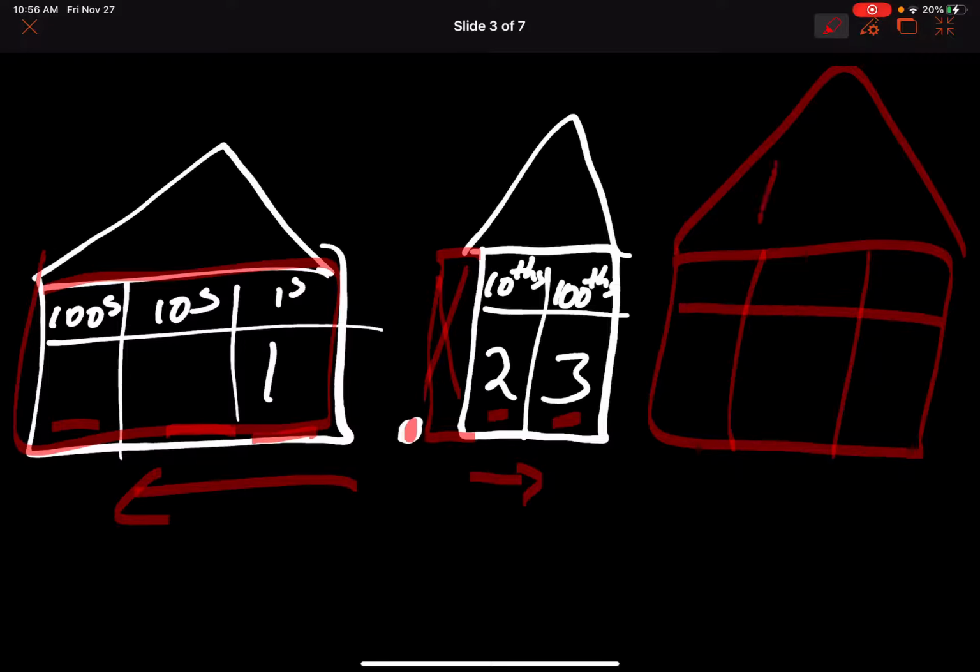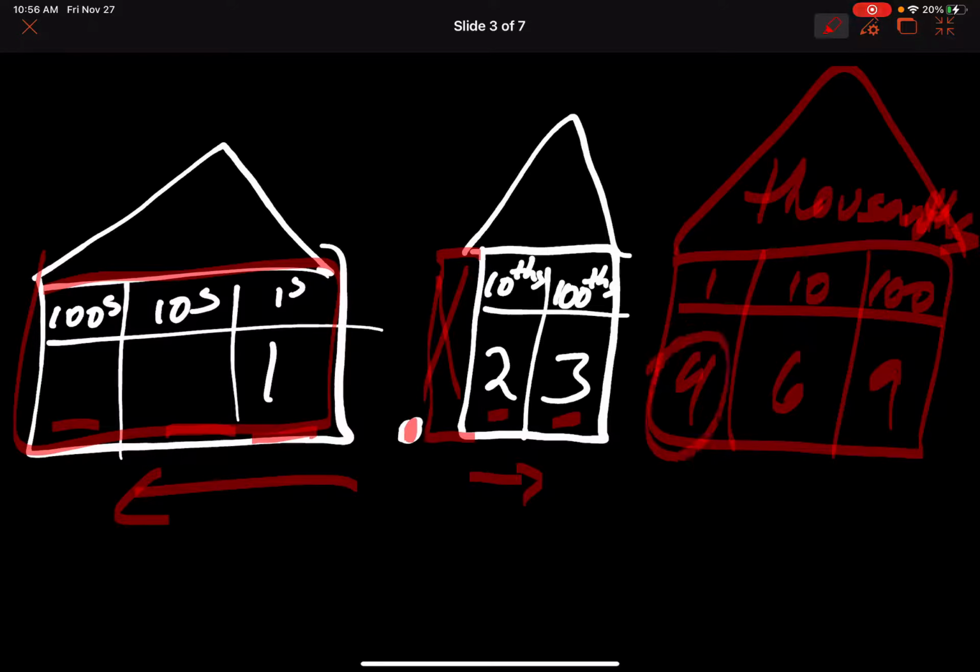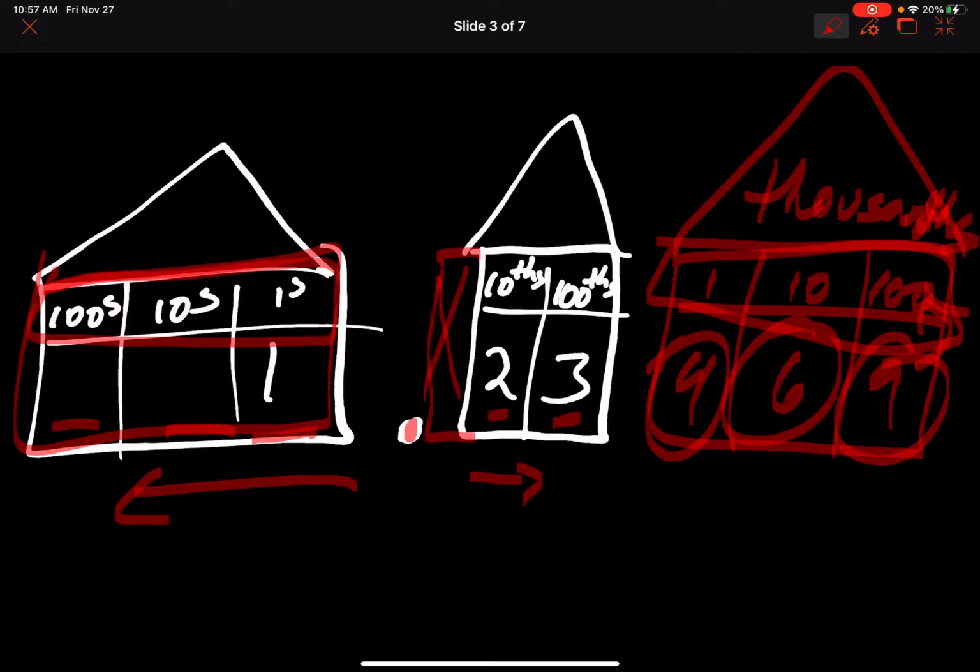So this would be the thousandths house, so this would be 1, 10, and 100 thousandths. Meaning if I had numbers here, the 4 would be in the 1,000ths place, the 6 would be in the 10,000ths place, and the 9 would be in the 100,000ths place. But notice that this is just a repeat here with the name of the house you say after.